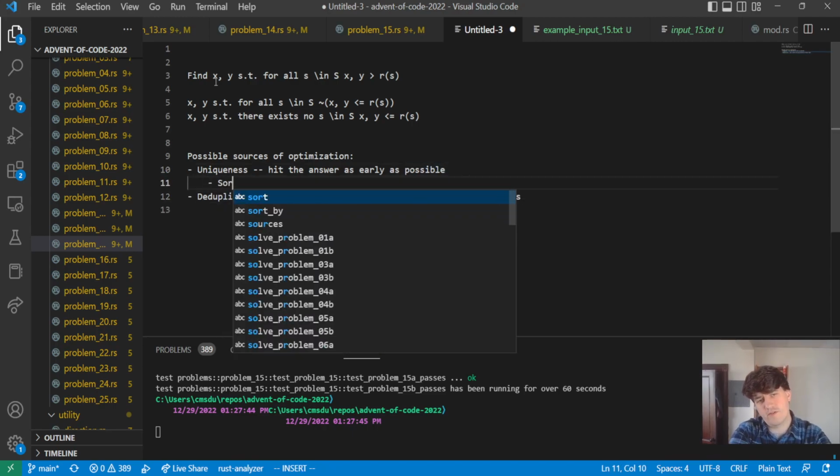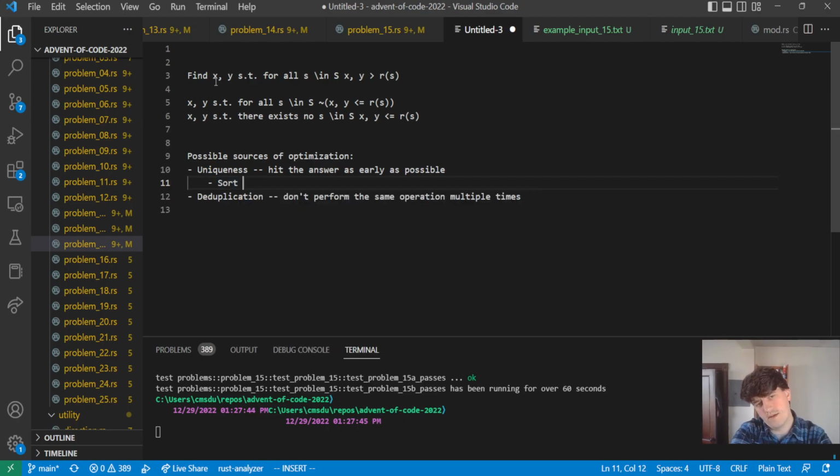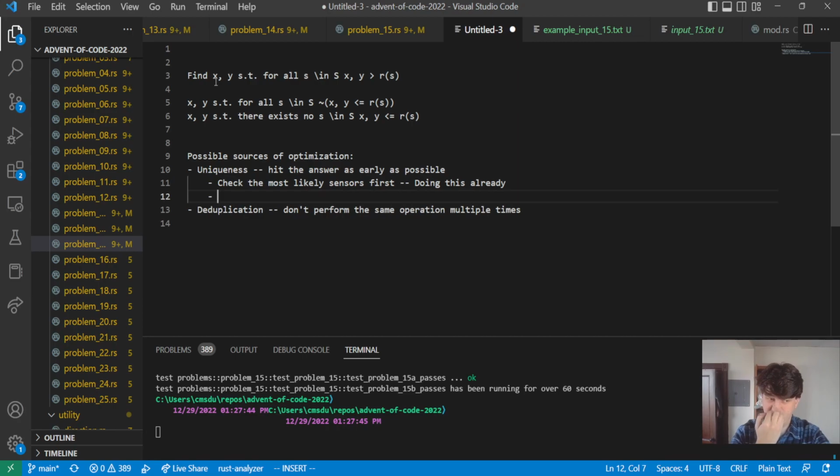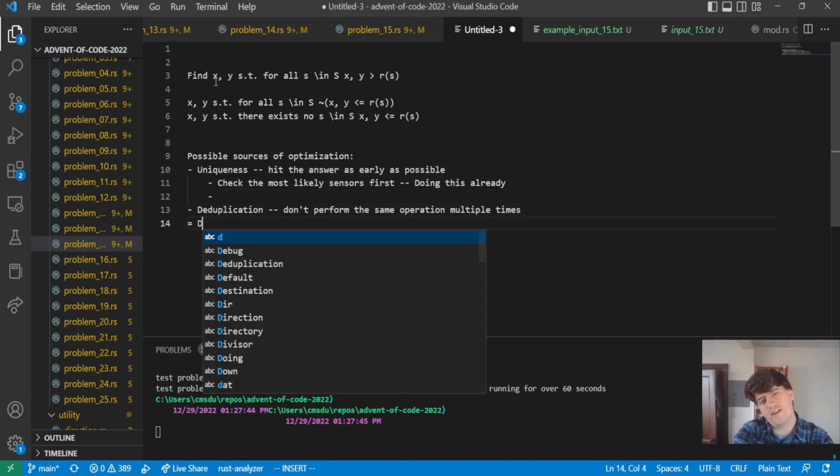So we've already tried check the most likely sensors first. We're already doing that. Maybe some kind of divide and conquer.